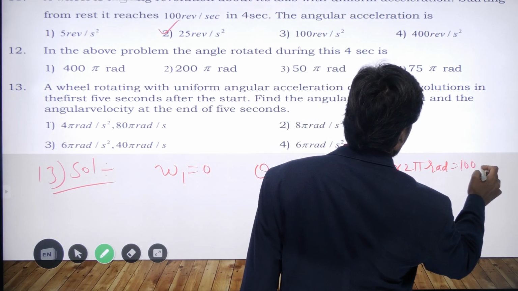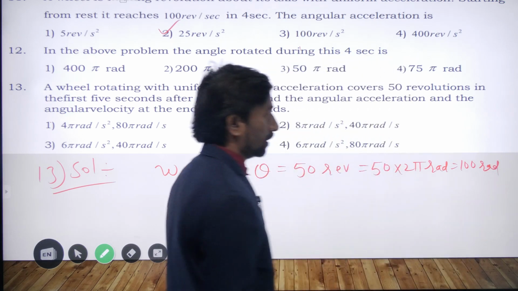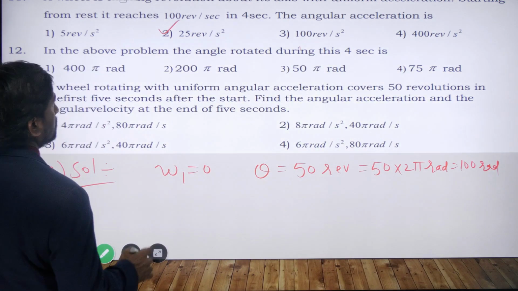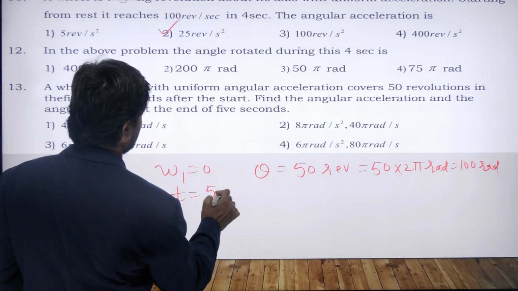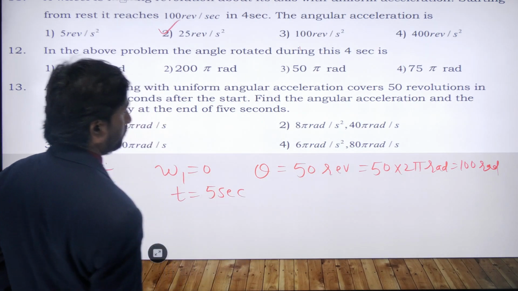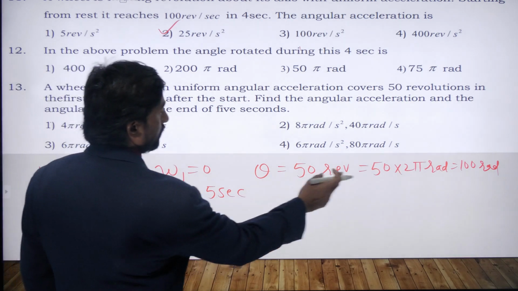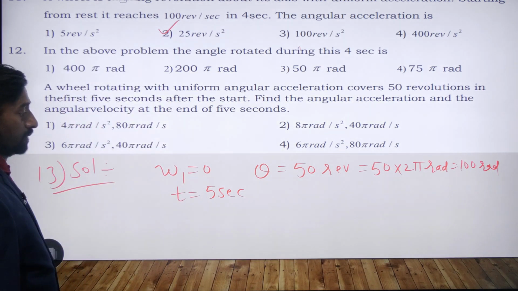Now they are asking the time t in the first 5 seconds. It takes 100 pi radians in the first 5 seconds.